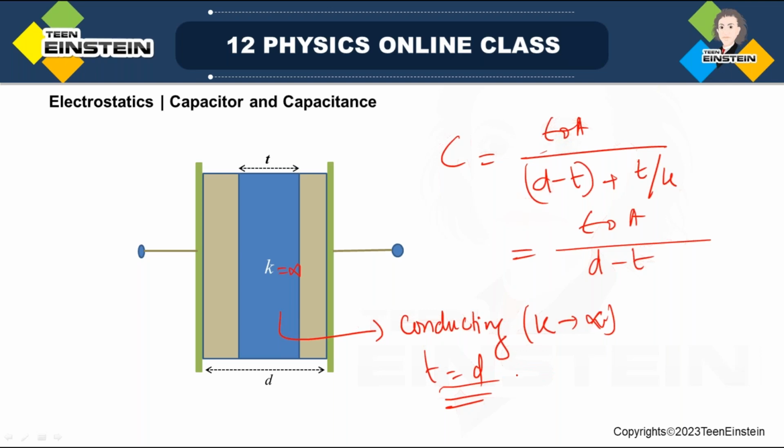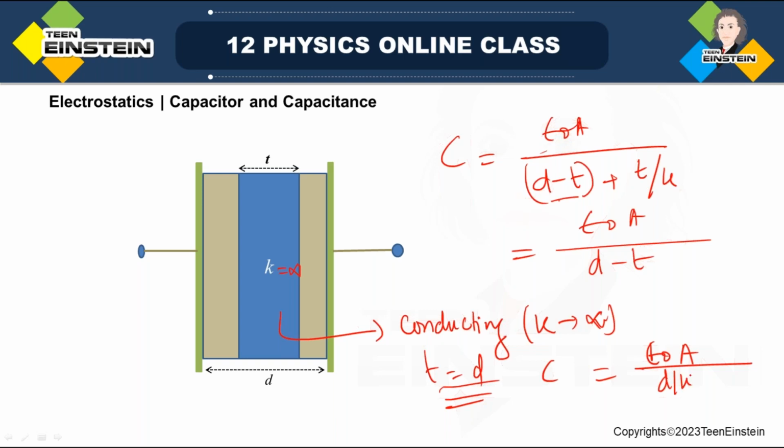Then we will have the formula epsilon 0 A divided by c, where the d minus t term will be 0 and this term will be there, d by k.